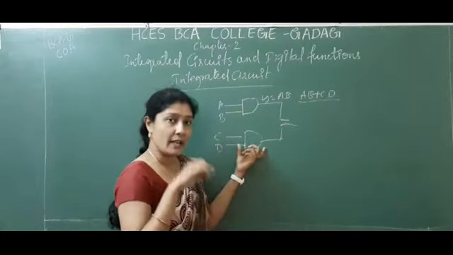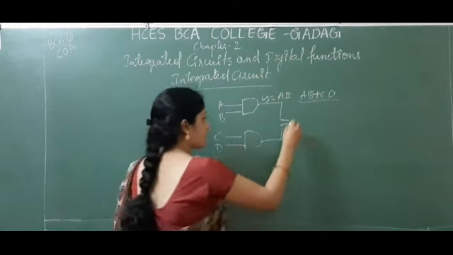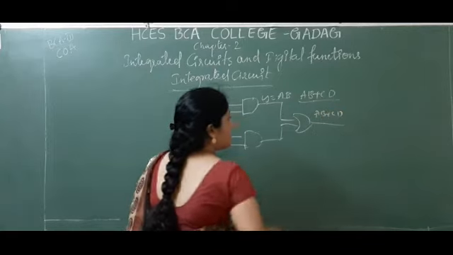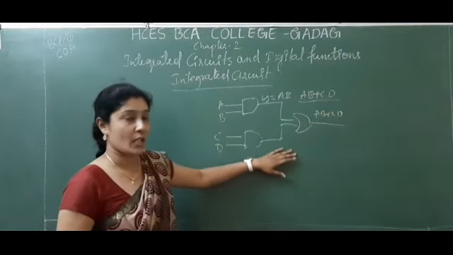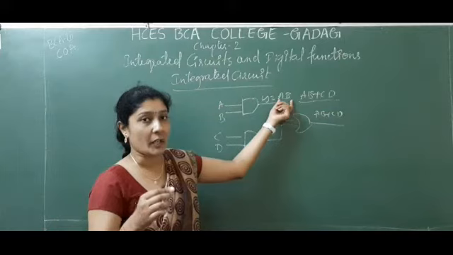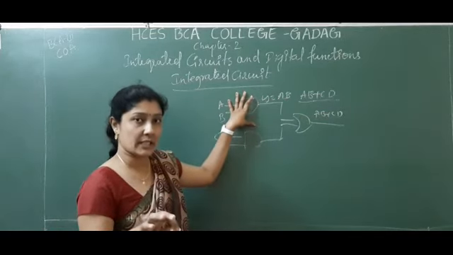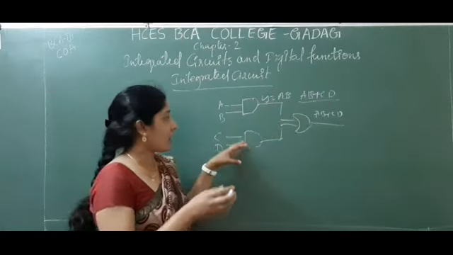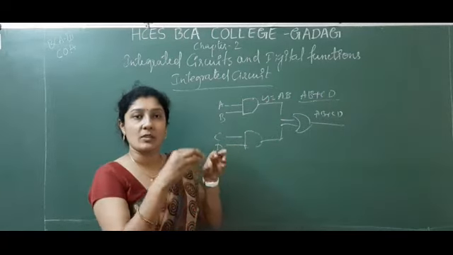Next, you need to add these two using an OR gate. So this is AB plus CD. When the expression was just AB, only this much was the logic diagram. When the length of the expression increased, the complexity of the logic diagram also increased.